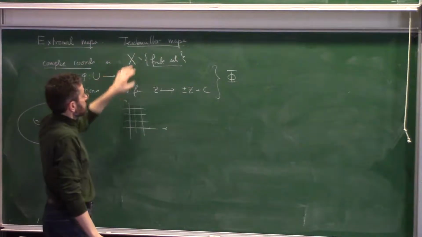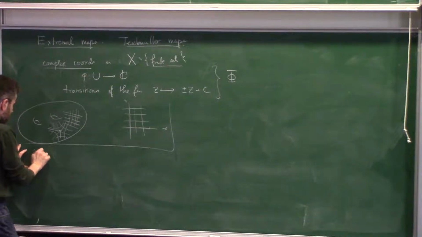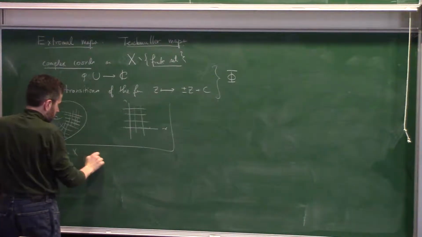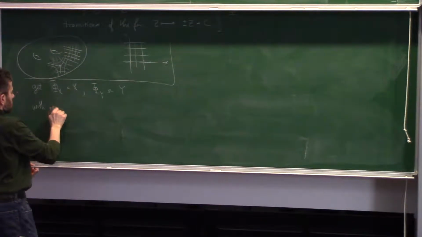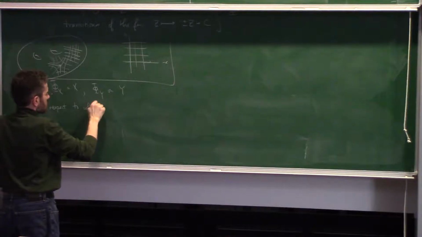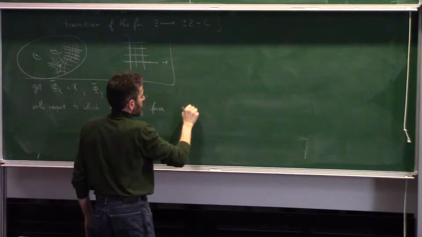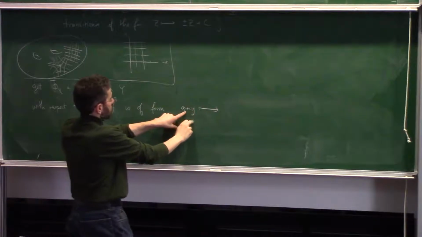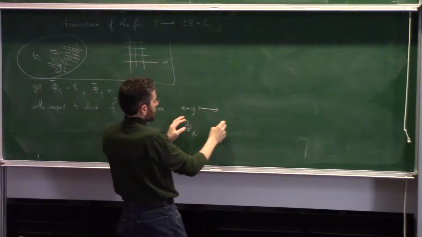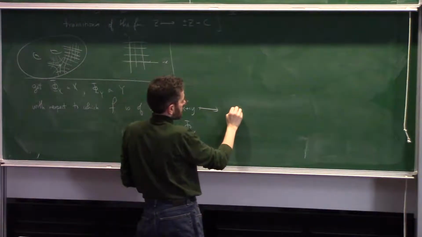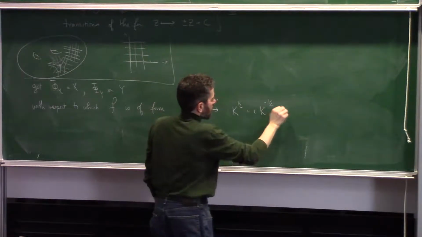So we've added structure to X, and I'm trying to describe a map from X to Y. So we get phi_X on X and phi_Y on Y, with respect to which the map is of the form: x plus iy goes to, in the x coordinate, I want to multiply the x coordinate by k to the 1/2, and the y by k to the -1/2.